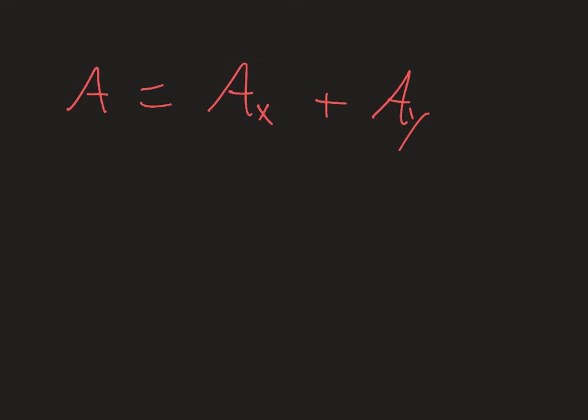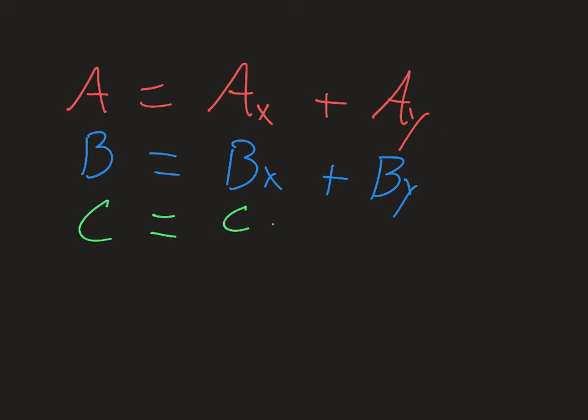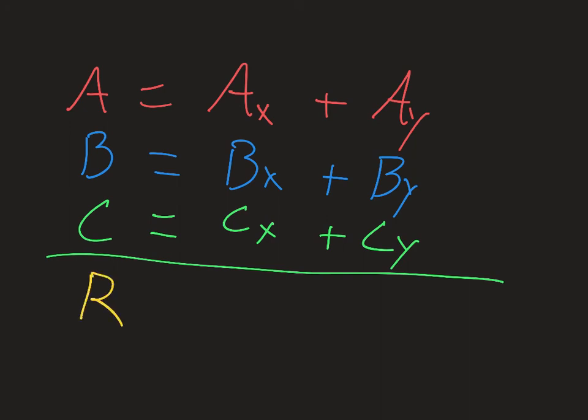You then have vector B, which is equal to b of x plus b of y, and even vector C, which is made of cx plus cy, and you can add all of those together and you'll get a resultant vector, okay? Or at least you'll get the resultant vector components.